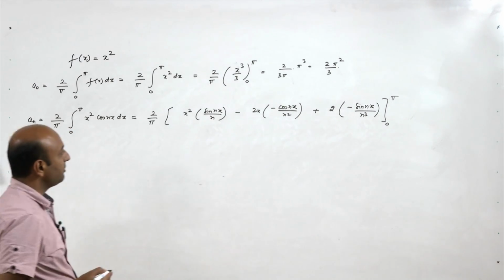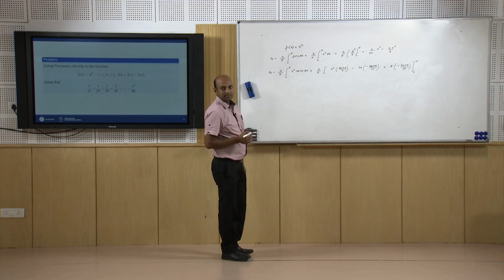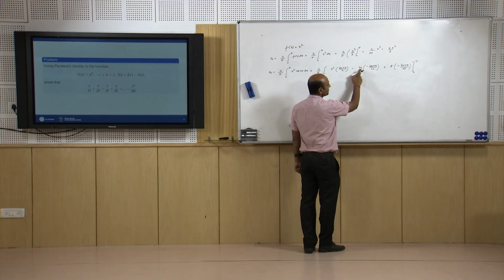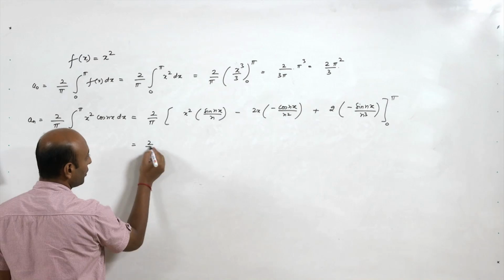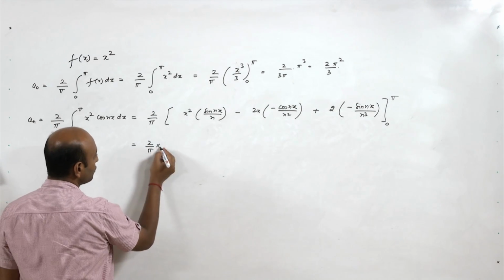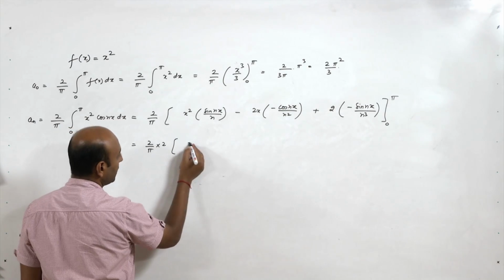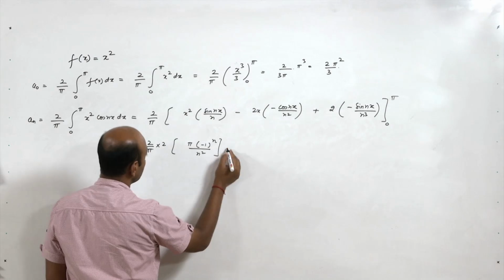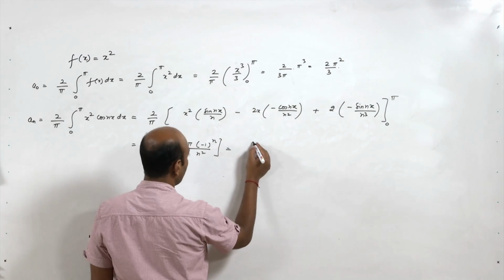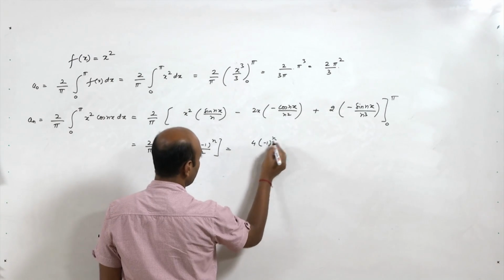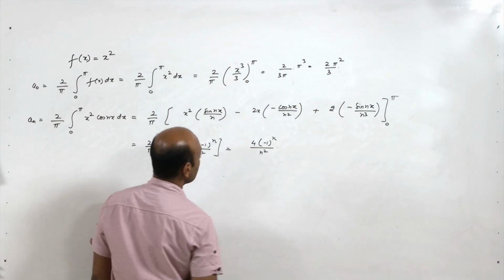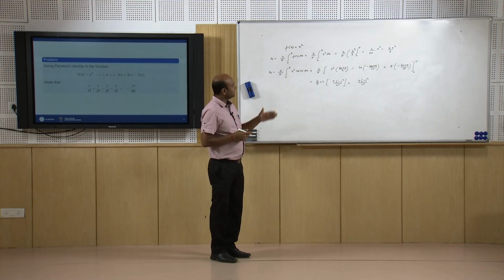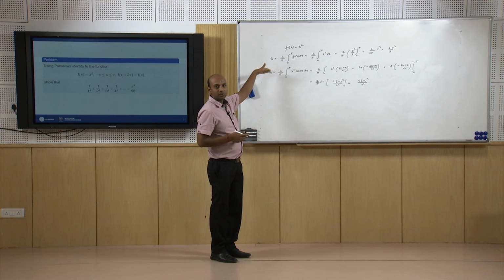Now, the sine terms will be 0 when x is 0 or x is pi. So, only this term is remaining, and it is also 0 when x is 0. So, it is nothing but 2 upon pi, 2 will also come out, and it is pi into (minus 1)^n upon n square. So, this is nothing but 4 into (minus 1)^n upon n square. So, this will be a_n.